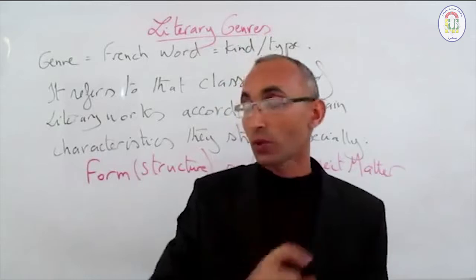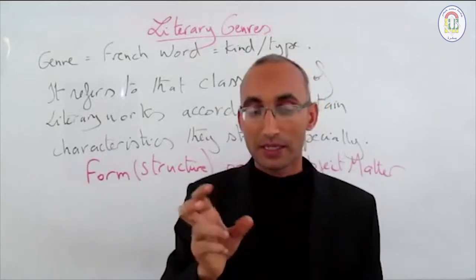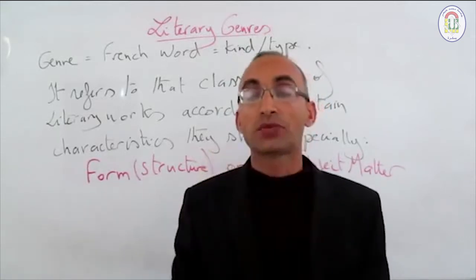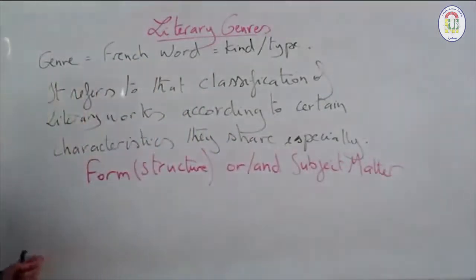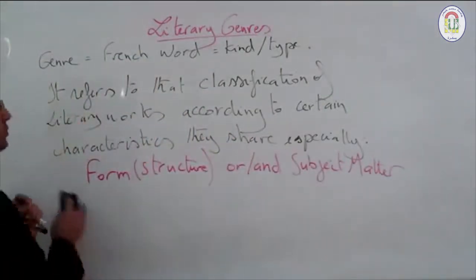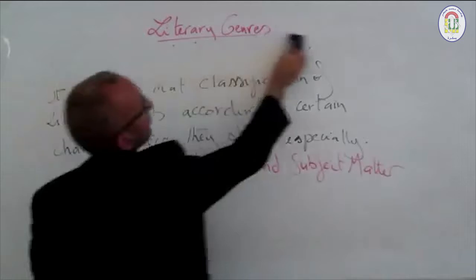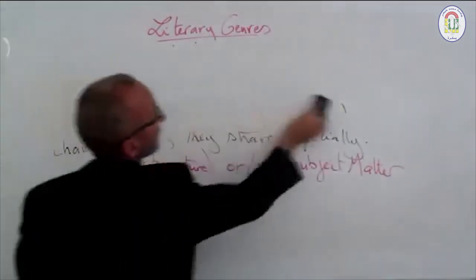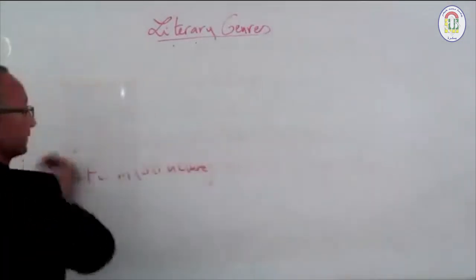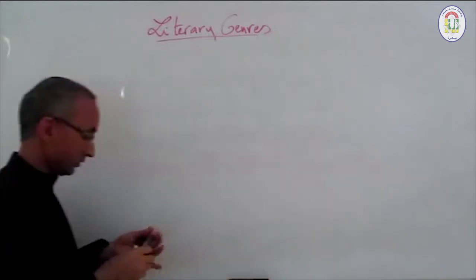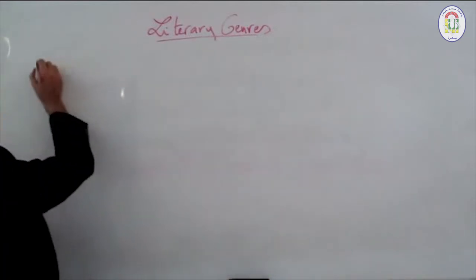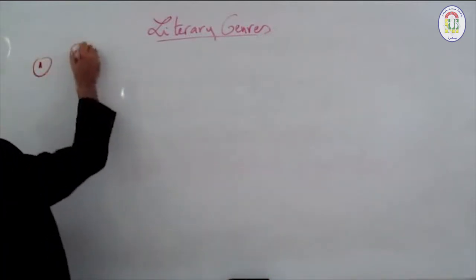Now let's write or draw a diagram of the first literary genre, which is prose, after, of course, bringing this forward. We have here number one, first genre. We have prose.